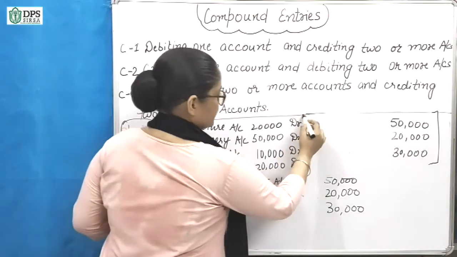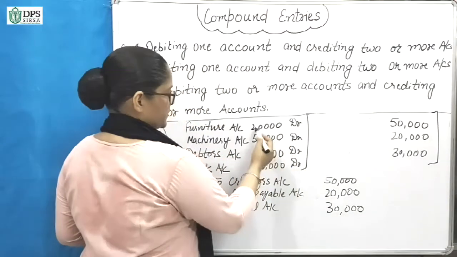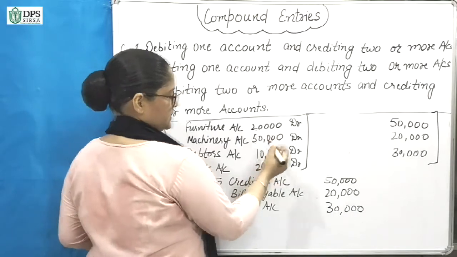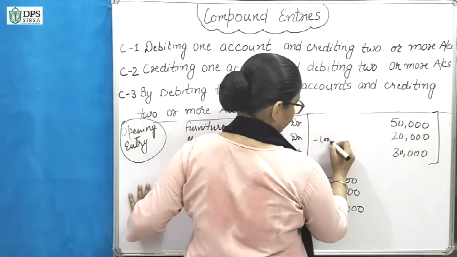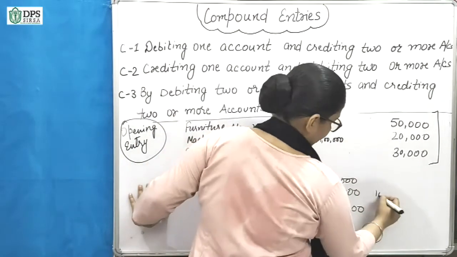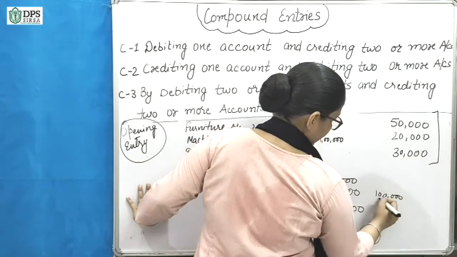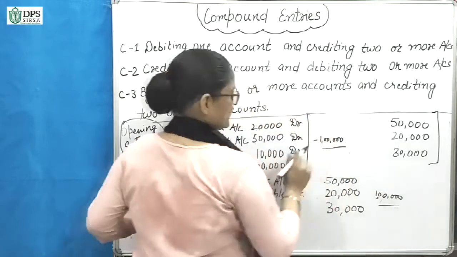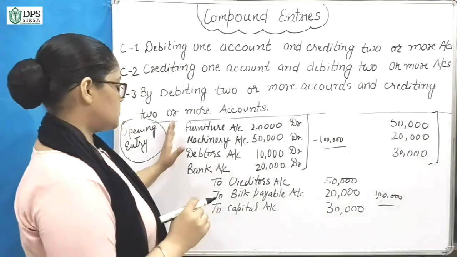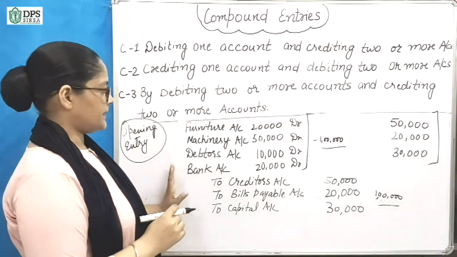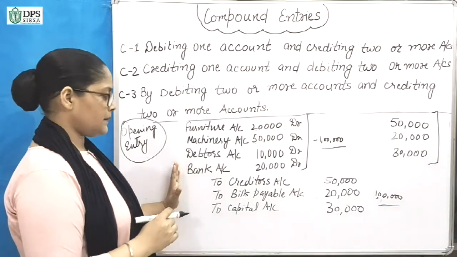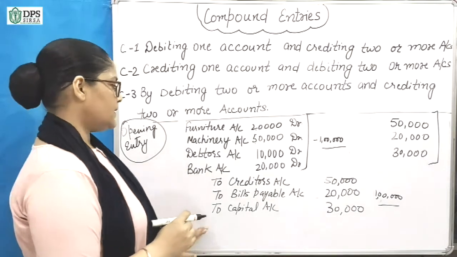So you can check here the total. The total is 1 lakh here and 1 lakh here. That means you have posted it, you have recorded it right. So this recording is right. All the assets are debit and all the liabilities are credit.